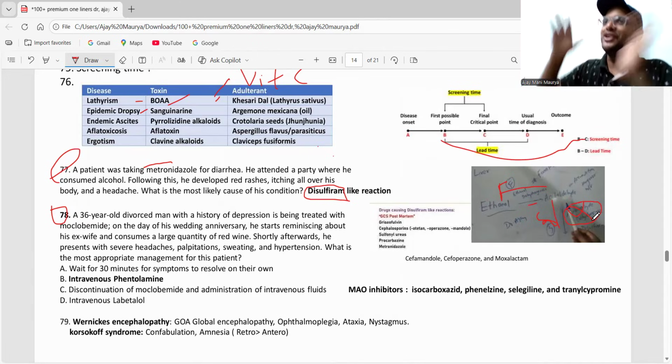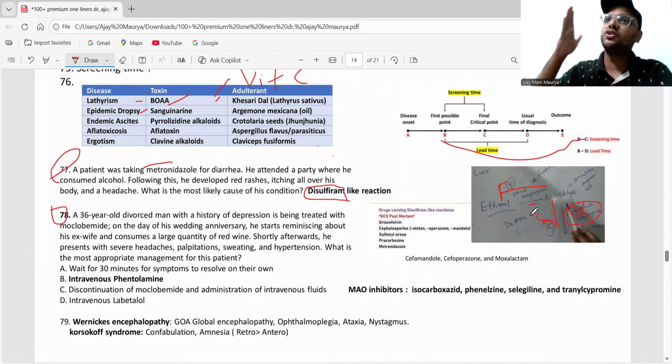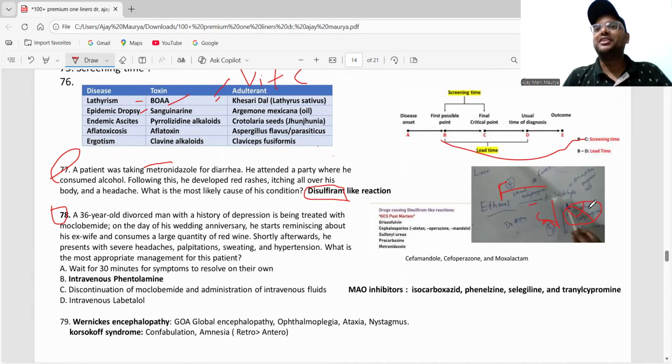If disulfiram blocks that one, then what happens? Oh my goodness, the acetaldehyde concentration is very, very high. This reaction is very slow. Disulfiram is going to bind that and inhibit this enzyme. Then there is more and more acetaldehyde.